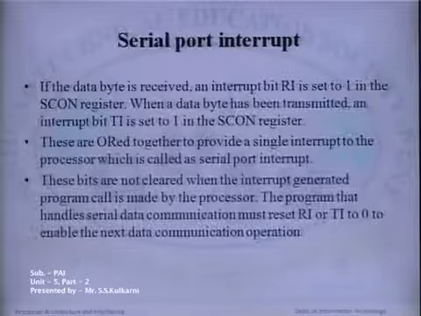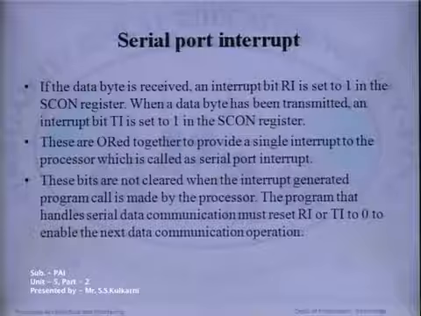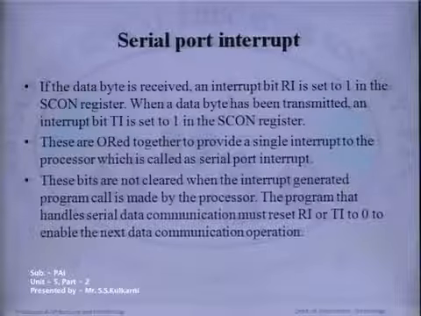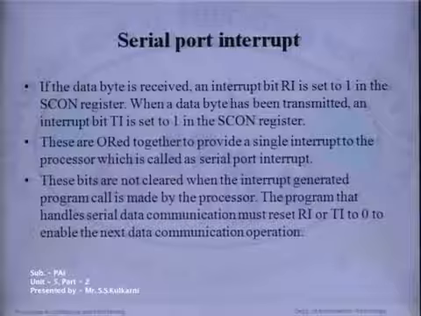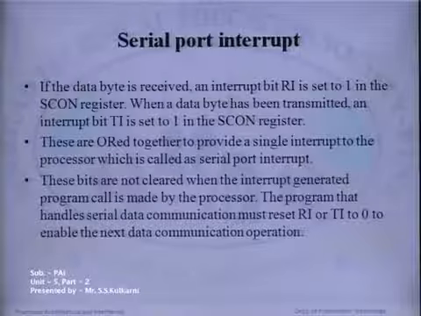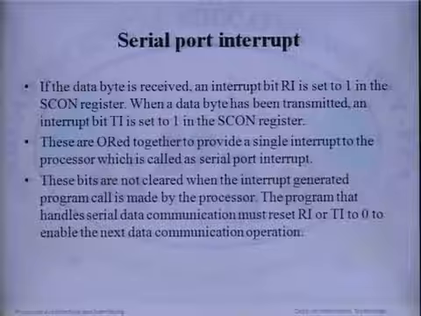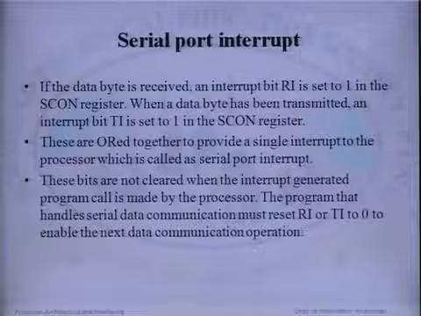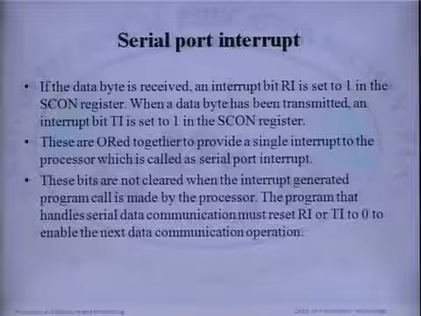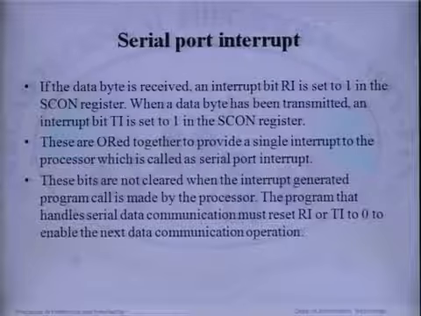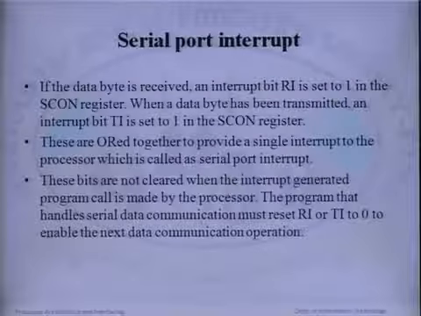The third internal interrupt is the serial port interrupt. If a data byte is received, the interrupt bit RI is set to 1 in the SCON register. When a data byte has been transmitted, the interrupt bit TI is set to 1 in the SCON register.